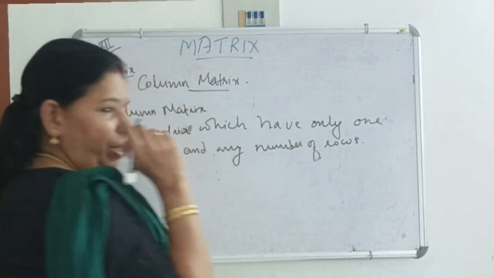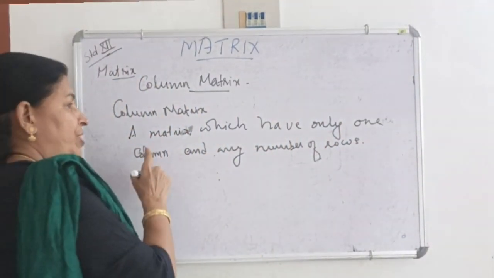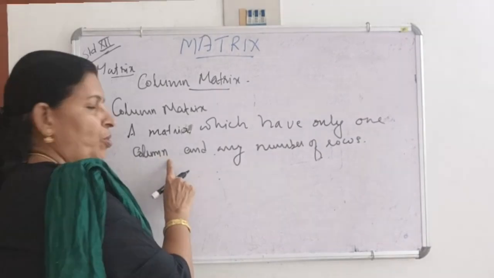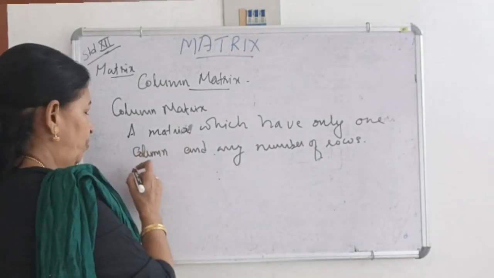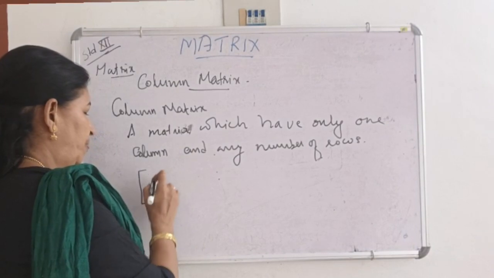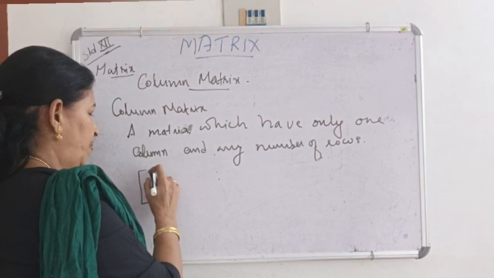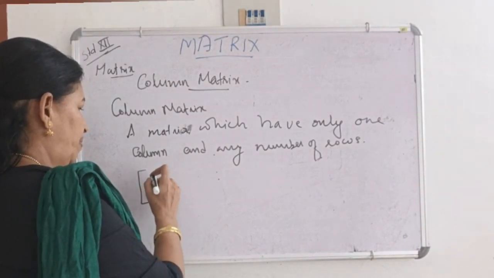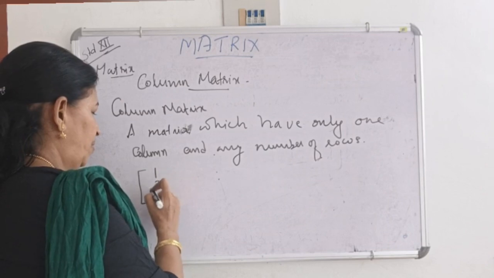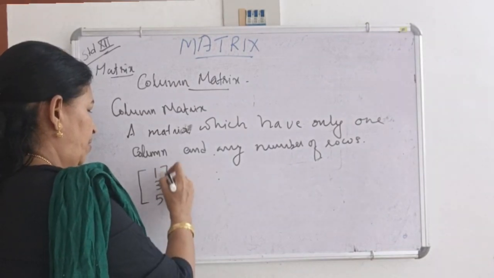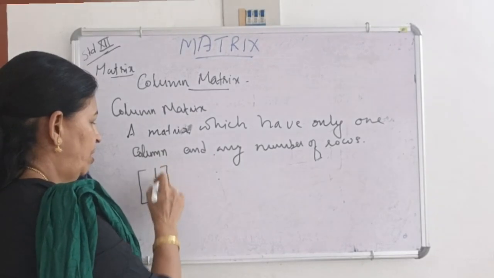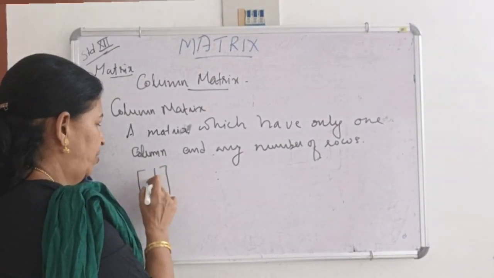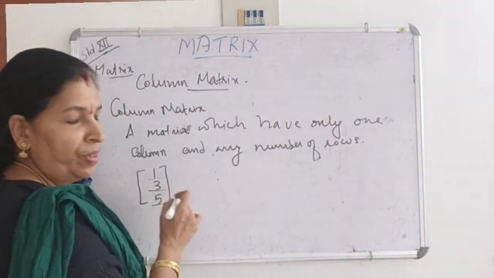A column matrix is a matrix in which there is only 1 column and any number of rows. For example, 1, 3, 5. That is only 1 column and rows 1, 2, 3.